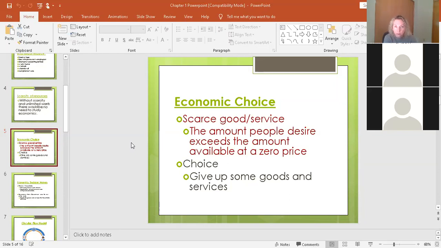When you make a choice to do something, to buy something, to spend your time doing something, you're giving something else up. So economics isn't just about money, it's about time and energy. So this morning, you're giving up 50 minutes of your life. You could have been doing something else, but instead you're here, you made that choice.